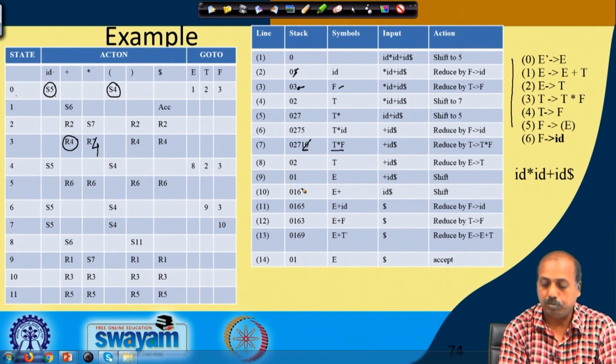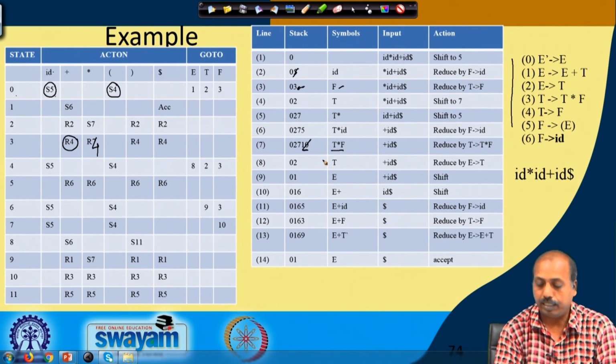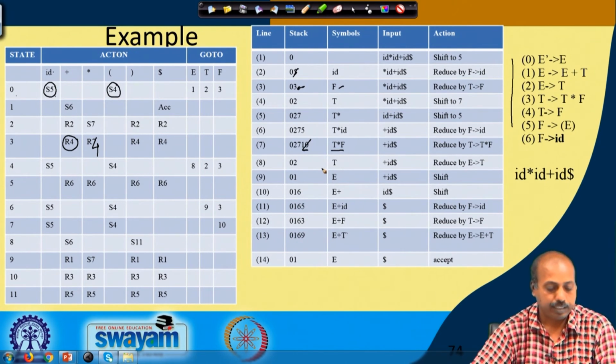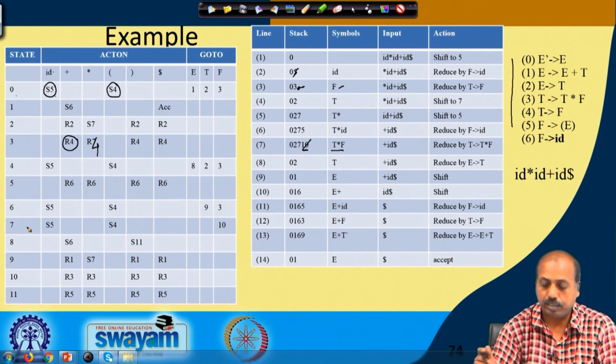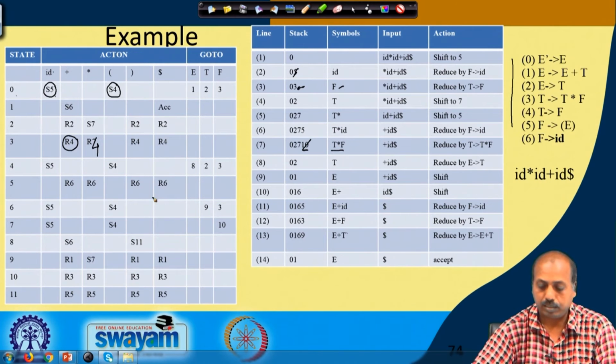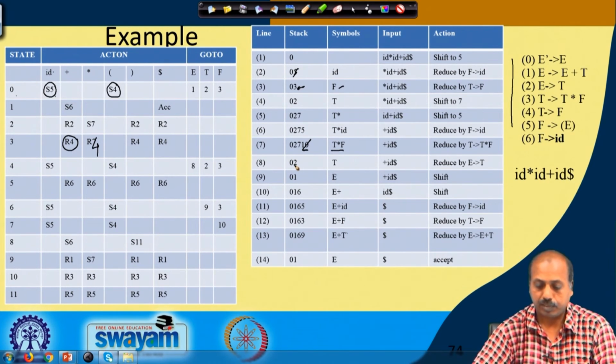So, the new state is 7, and the left hand side is T. So, 7 T, actually this state 7 will also go. So, the new state should be 2. So, where is 2?